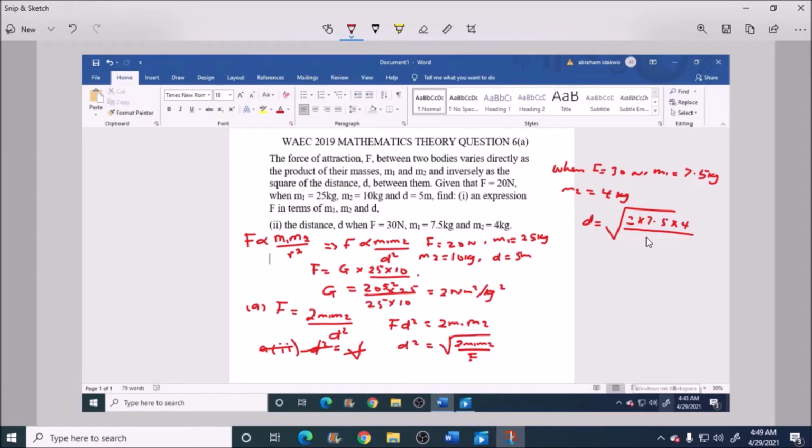Okay, so d is equal to the root of 60 over 30, which is equals to root 2, and d is equal to 1.41 meter approximately. So this is the answer.